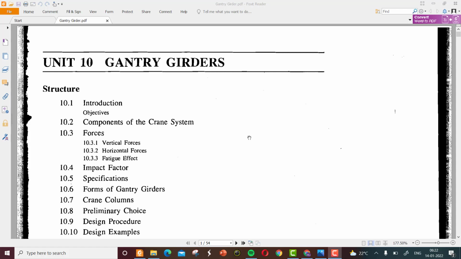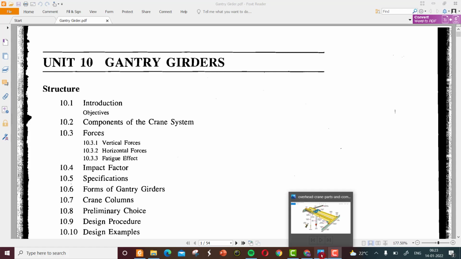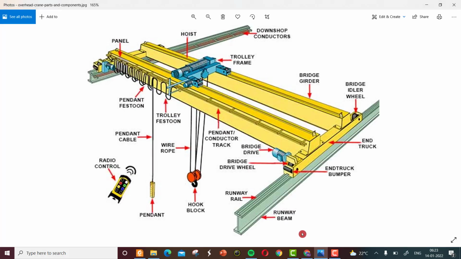So in this video, I'll be explaining this PDF, which includes the introduction part, the theory, as well as the problems. First I will show you the picture of Gantry Girder to make it familiar to you. This entire structure is used for material handling.